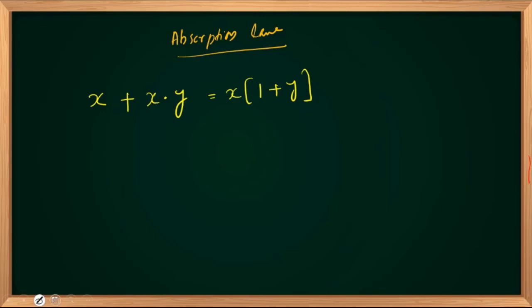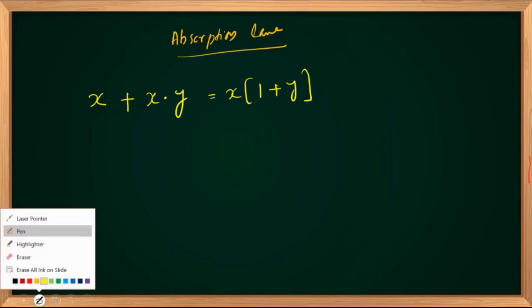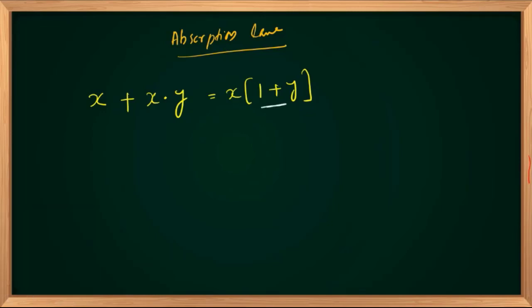And we conclude that one or with any variable will be one itself. So this is nothing but x dot 1. So simply x plus x dot y is the same as x itself. So x plus xy is the same as x.